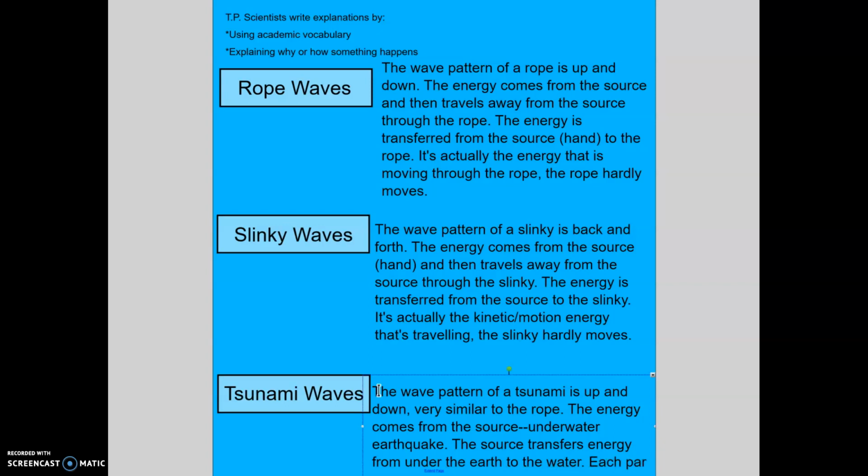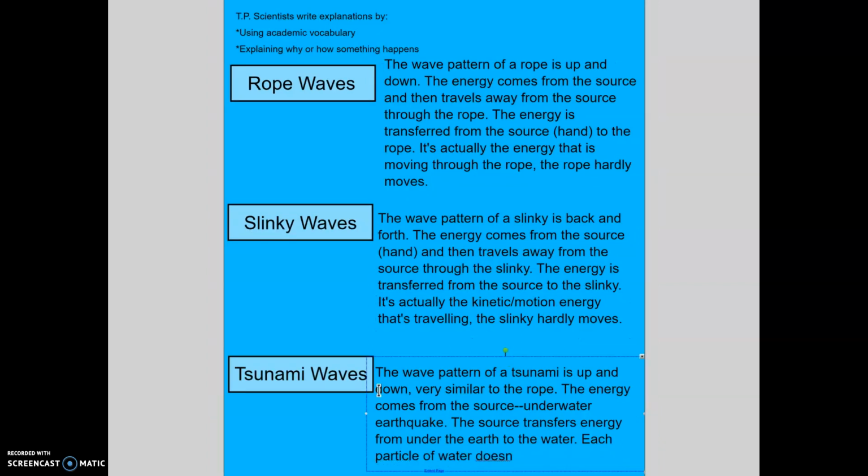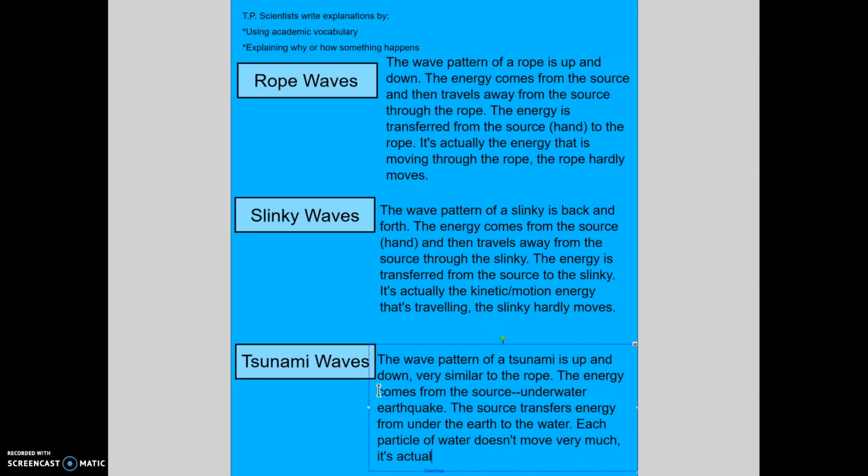But remember, we learned that each particle of water doesn't move very much. It's actually the energy that is moving. Okay, good. So we wrote another scientific explanation explaining why or how something happens, and we used academic vocabulary.